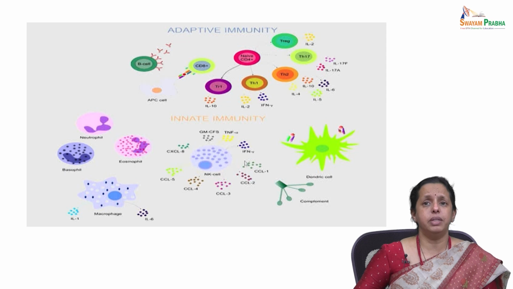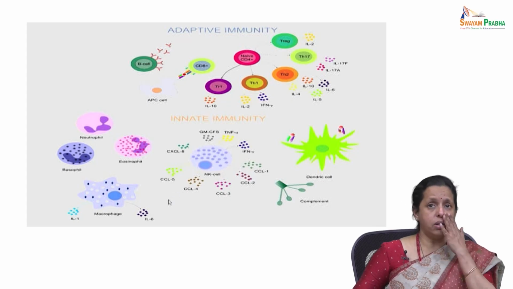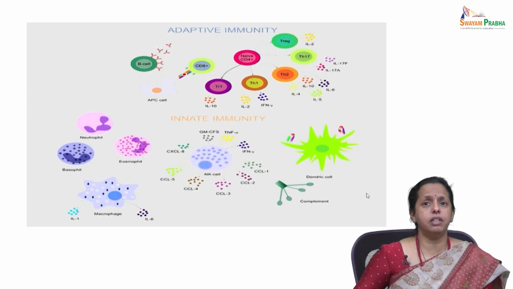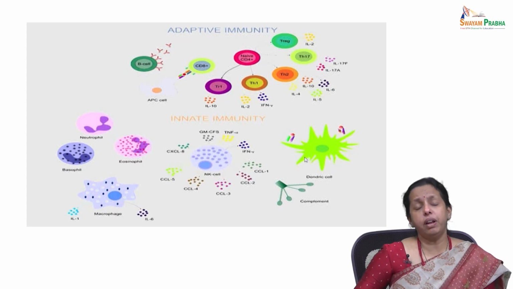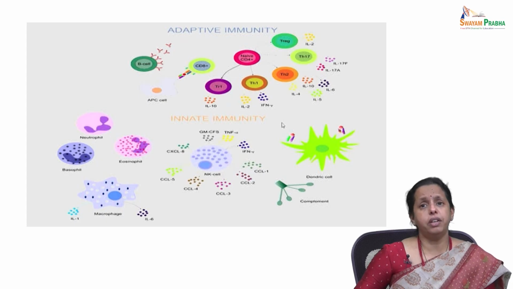Then your GM-CSF, CSF, and very importantly your stimulating cytokines, like CCL1, CCL2, CCL3, 4, 5 and 8. These dendritic cells represent the central regulators of your specific immune responses. They will be presenting your antigens to the helper T cells and B cells. This is all the basics.